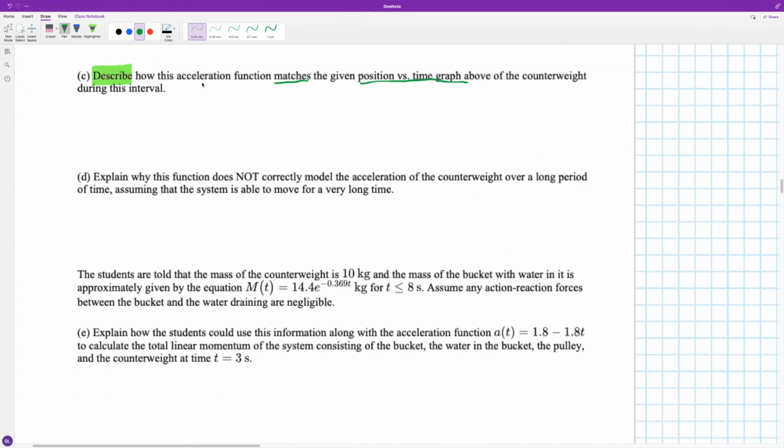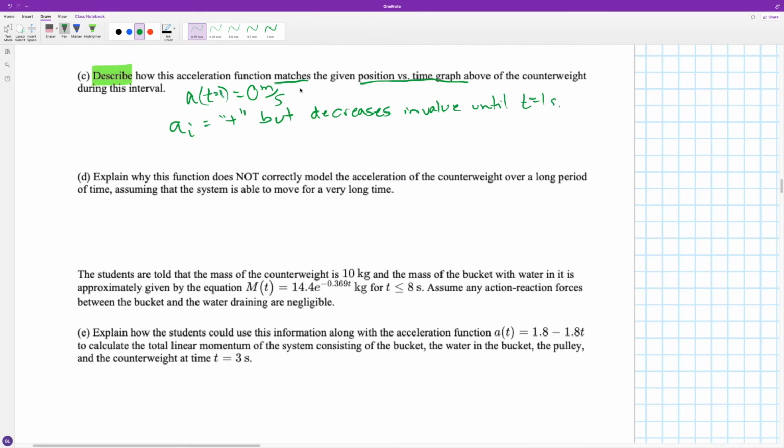So how does it match? It matches in that a of 1 second equals 0 meters per second squared. The initial acceleration is positive, but decreases in value until t equals 1 second.